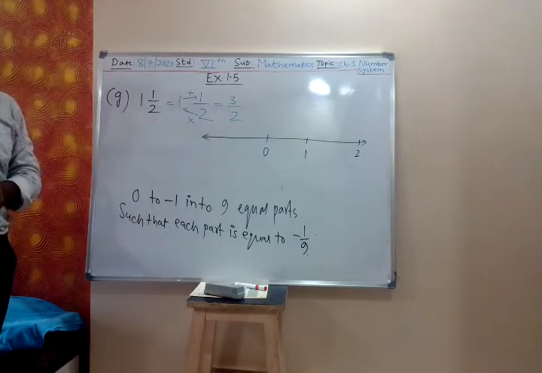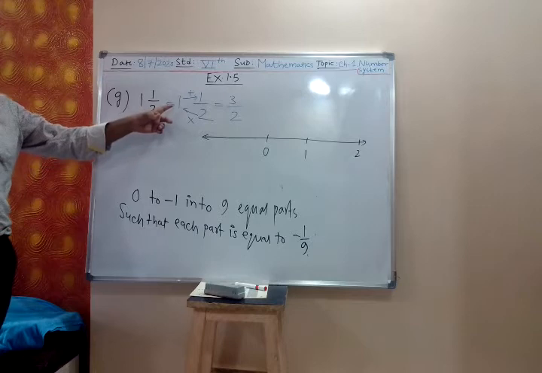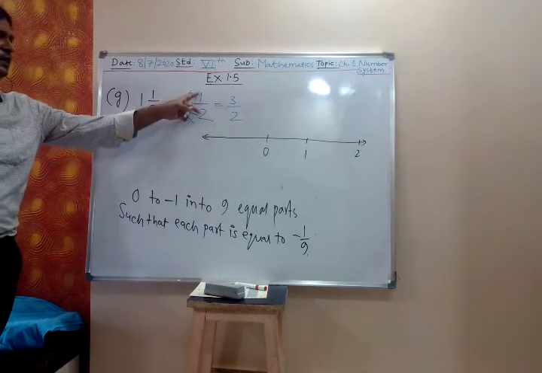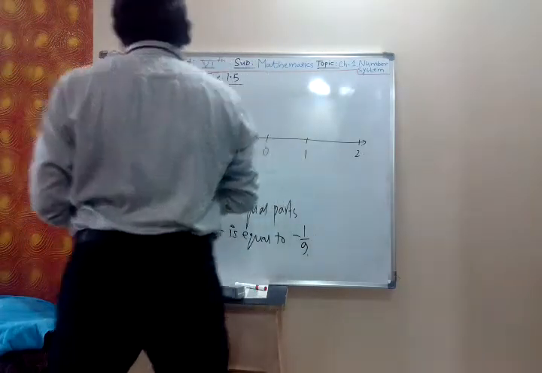This is for understanding. I have written 2 ones are 2 plus 1, 3 by 2. So now it is 3 by 2.